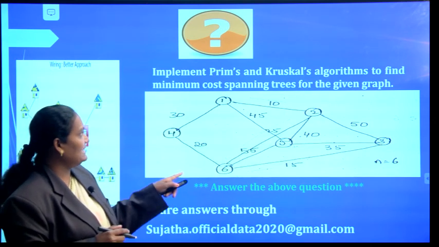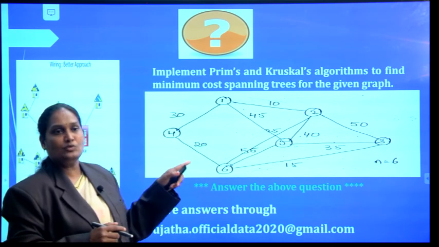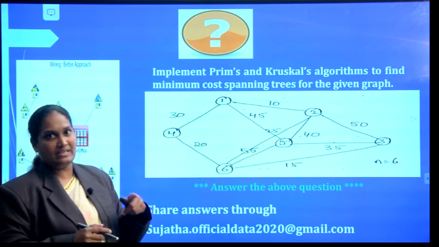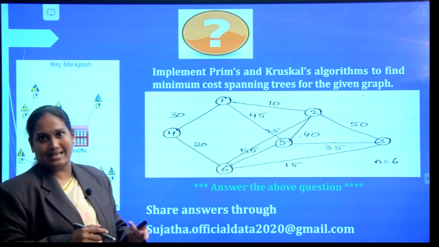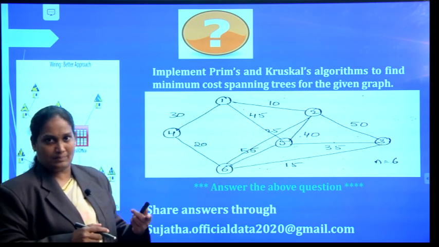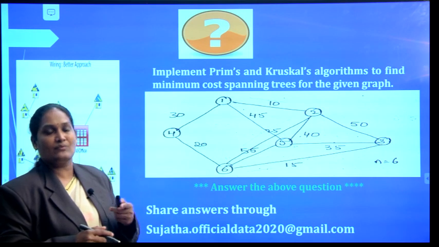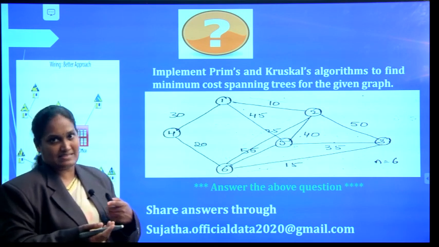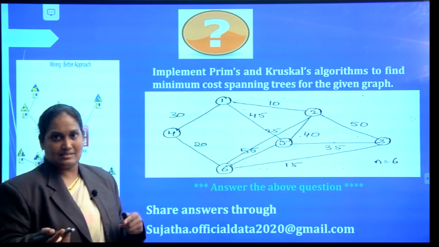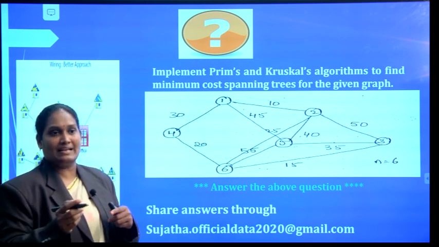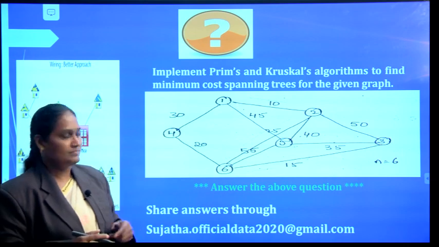Not only implementing the algorithms, you need to find the differences between those two processes while you are analyzing them. In the step-by-step process, you need to analyze which vertex is included in Prim's in the second step, and which vertex is included in Kruskal's in the second step. Like that, you need to analyze the step-by-step process.